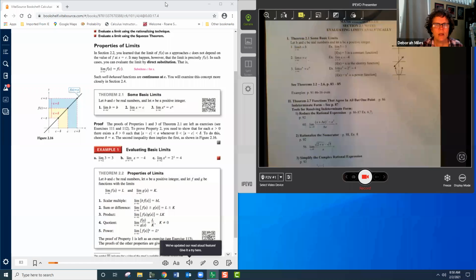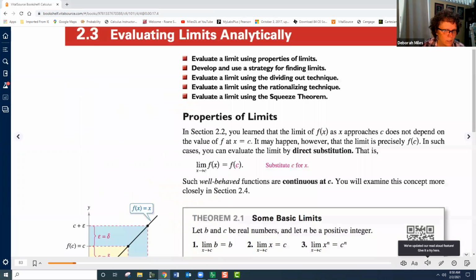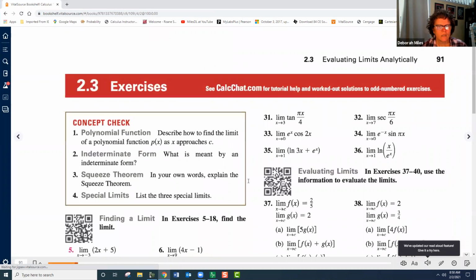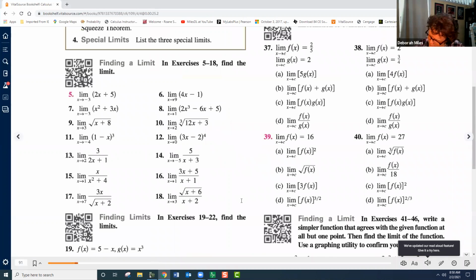I do happen to have the book open. Page 91. What did I say? 6 through 36.